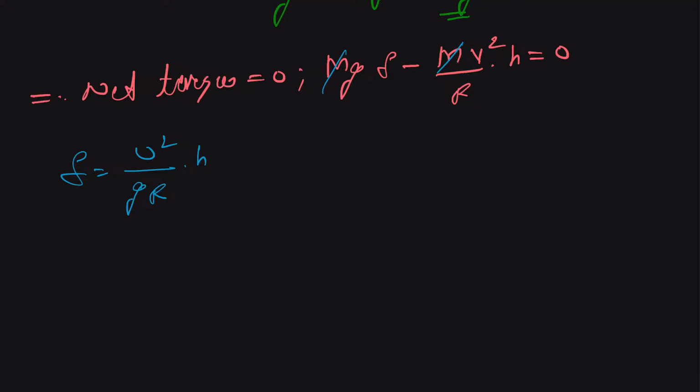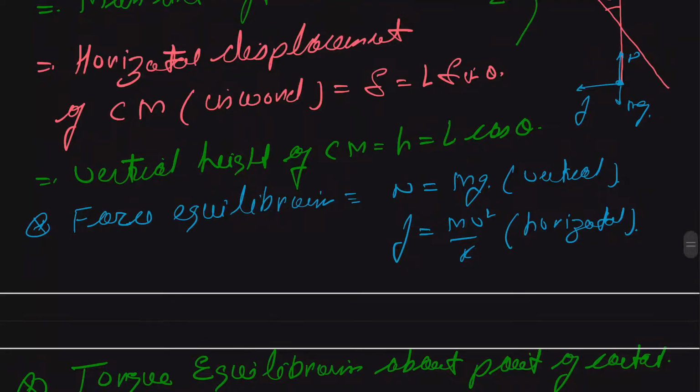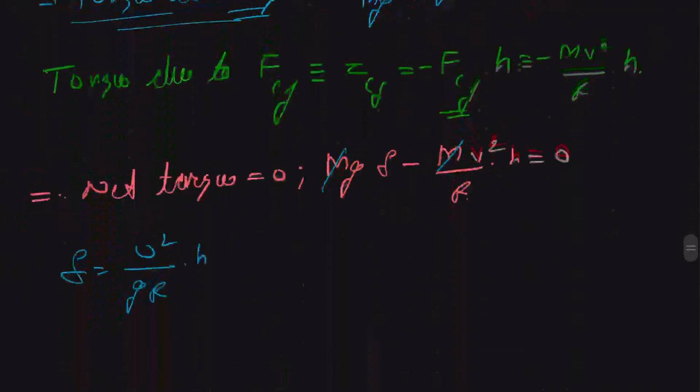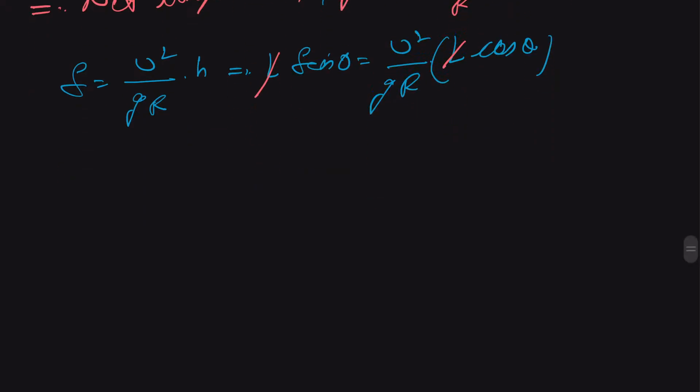and we know that our delta is L sine of theta and our h is L cos of theta. So we substitute them. Delta is L sine of theta, and we have this as v square upon gr, and h is L cos of theta. And here the length and length cancel out.